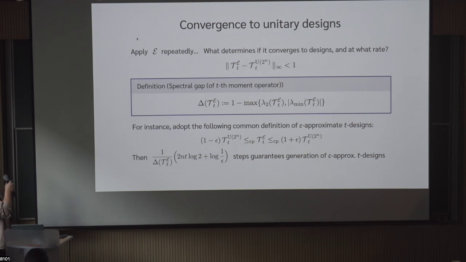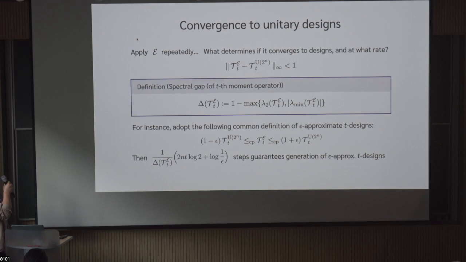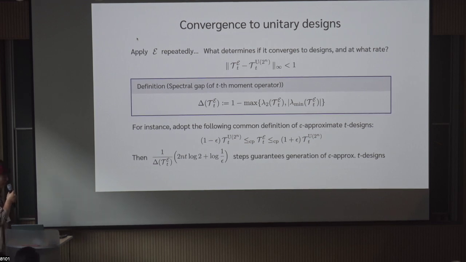So what quantity controls the rate of convergence? Here, the answer is the spectral gap of the T-th moment superoperator. It's 1 minus the maximum of the second largest eigenvalue of the spectrum and the absolute value of the minimum eigenvalue.